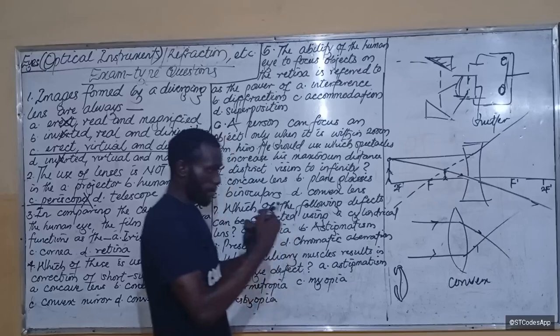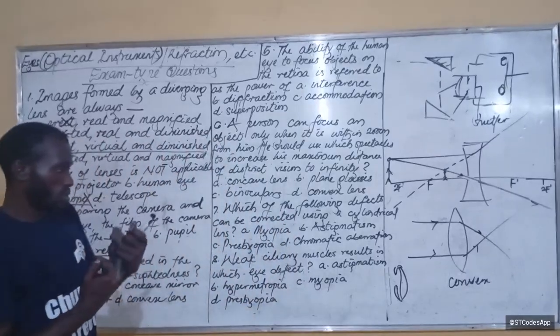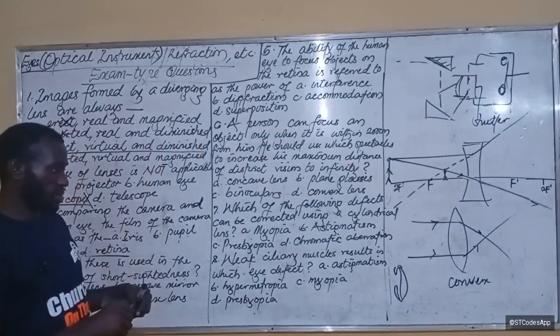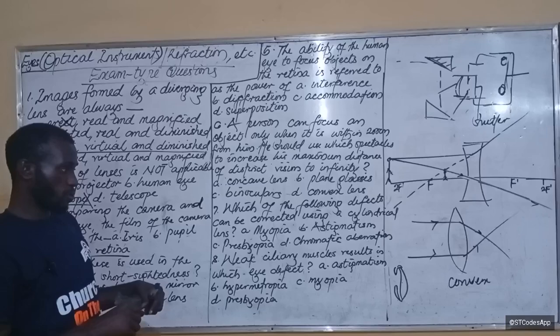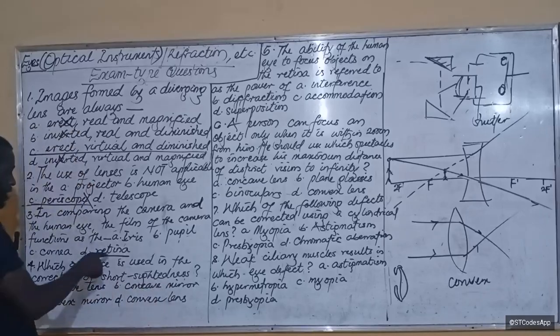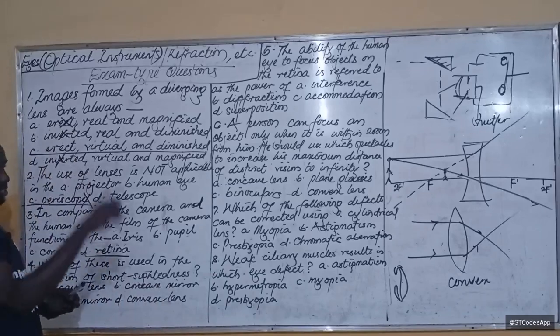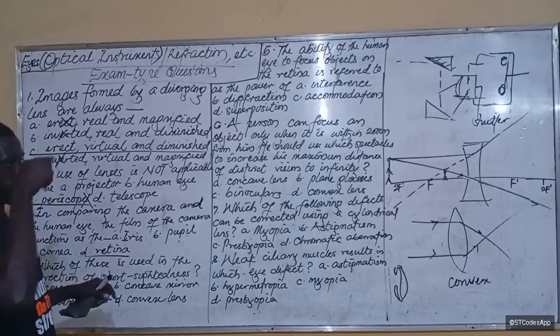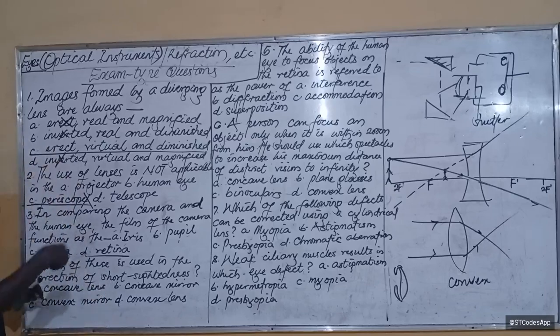It's the one that controls the amount of exposure that the lens actually gets. So that's primarily it. We have the retina as the film. Then of course the cornea is just the clear portion in front.